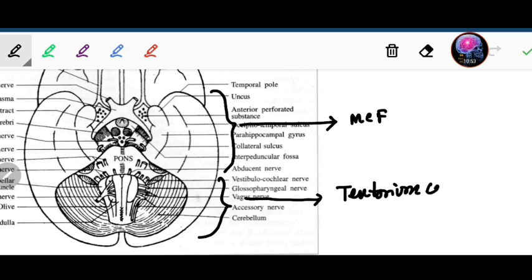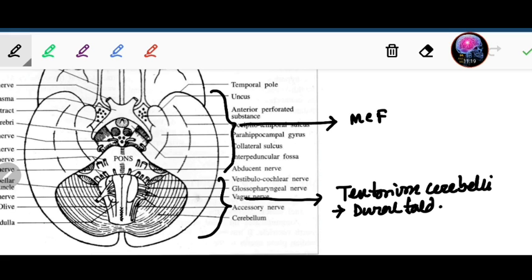The tentorium cerebelli is a dural fold that intervenes between the cerebrum and the cerebellum.